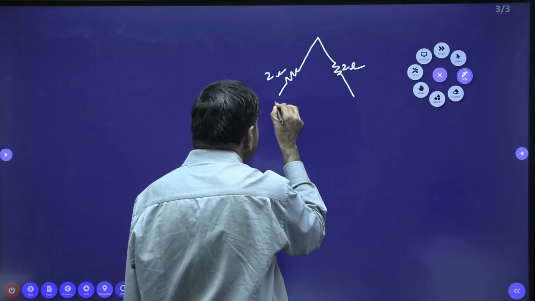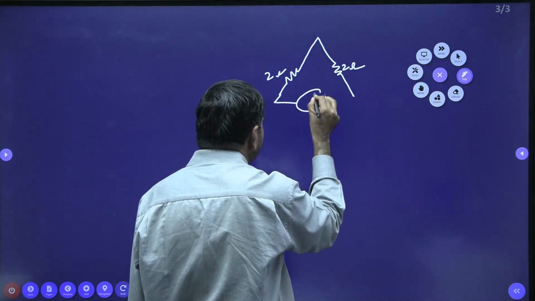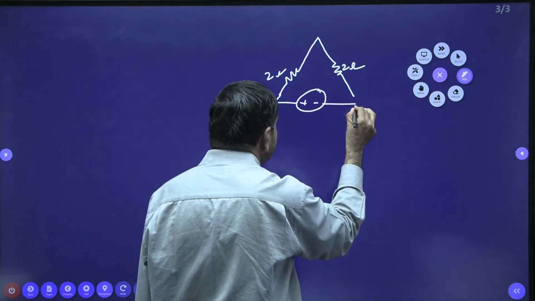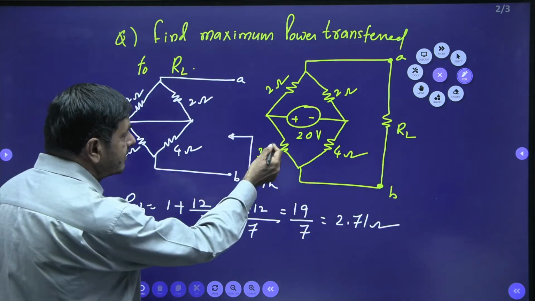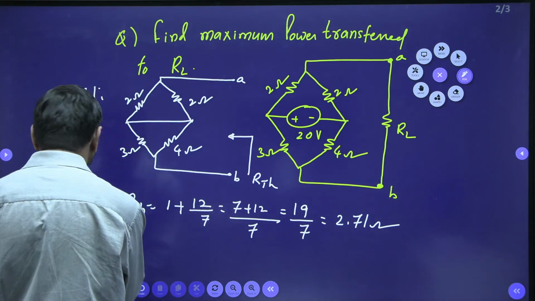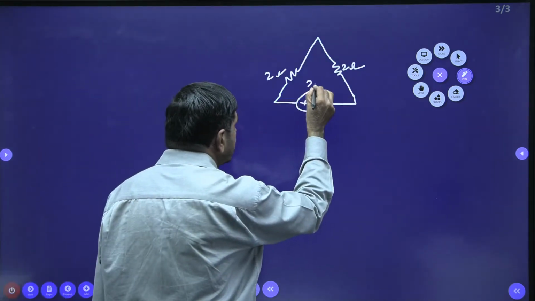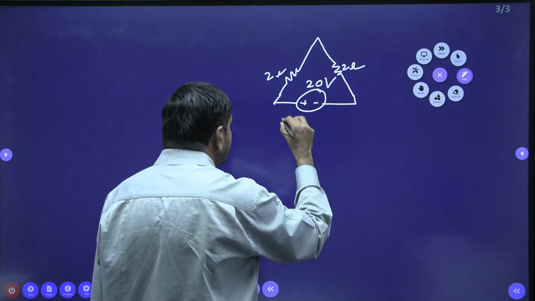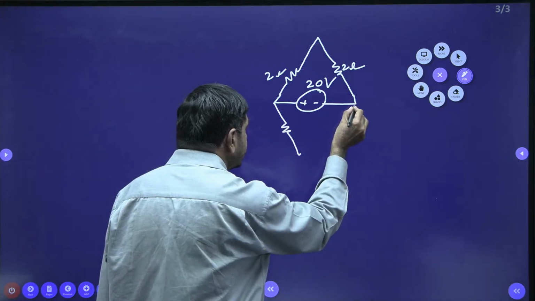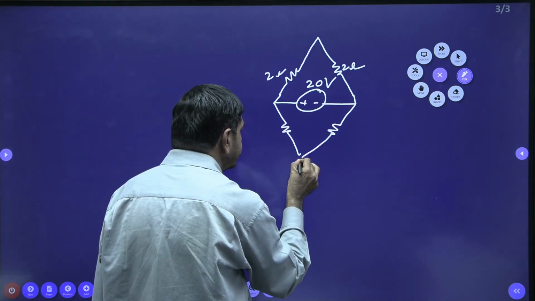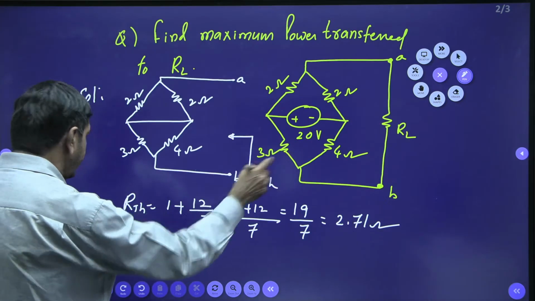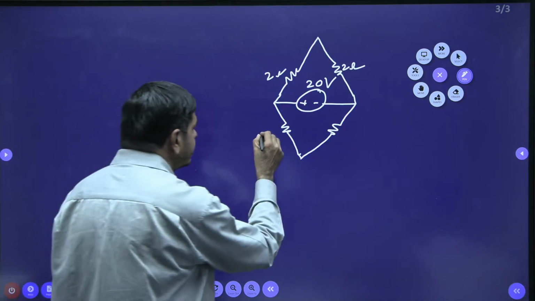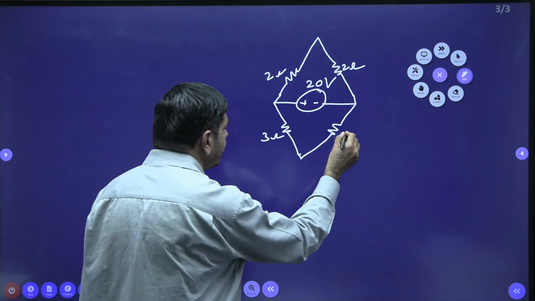And on this side there is one source, plus and minus. The voltage given is 20 volts. Here it is connected with one more resistor, and here with one more resistor. The values are 3 and 4: this is 3 ohm, this is 4 ohms.